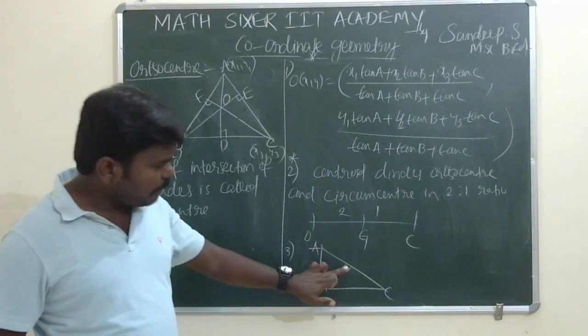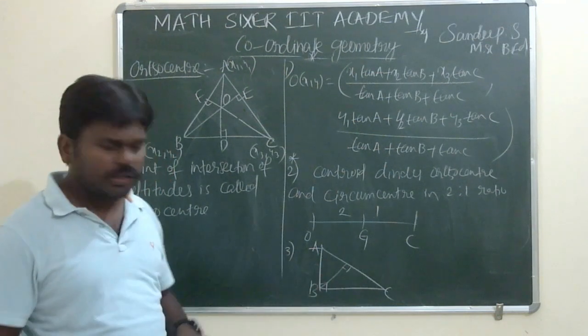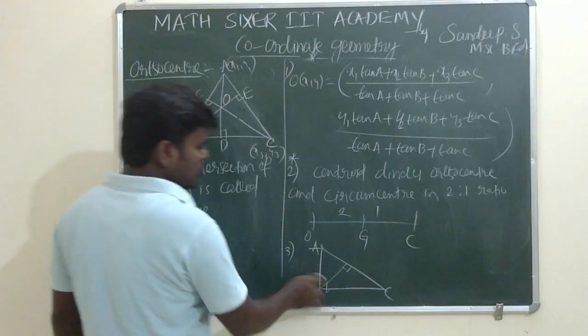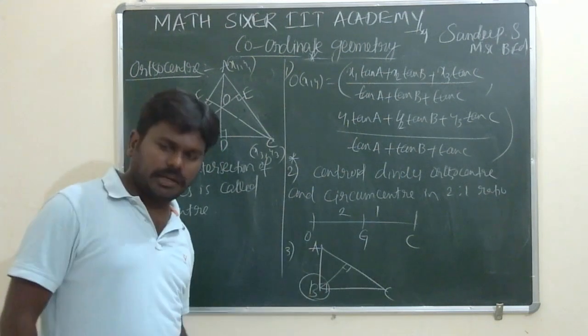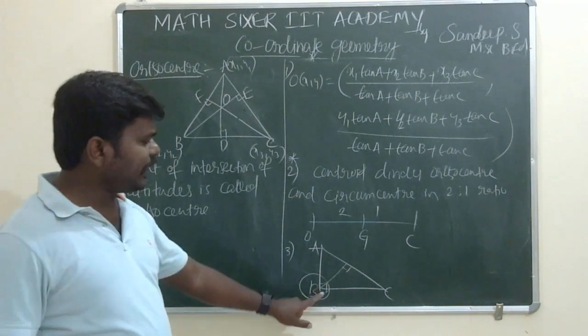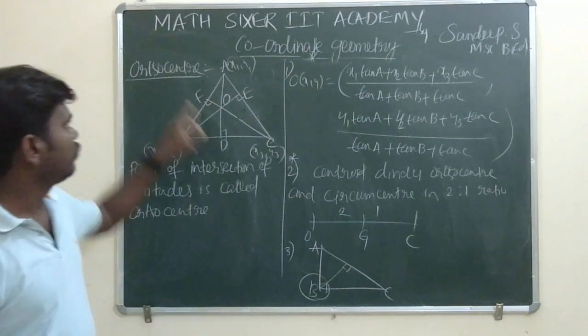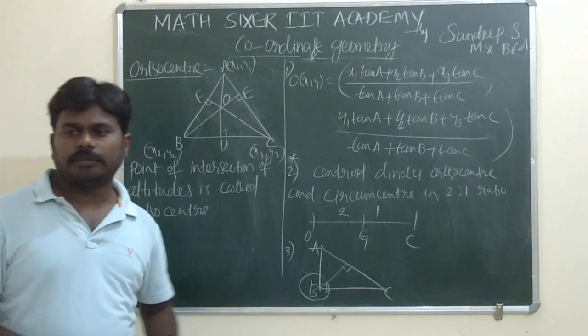This perpendicular intersects at B. So in a right triangle, the vertex at the right angle is the orthocenter.